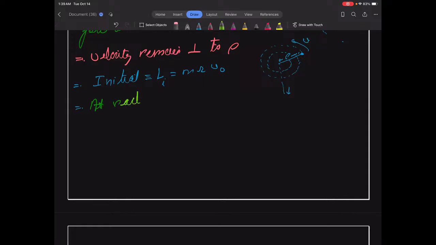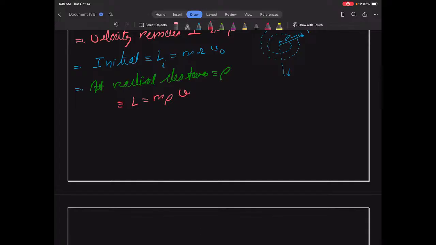At a radial distance which we have considered rho, the angular momentum L will be equal to m rho times v. Okay.